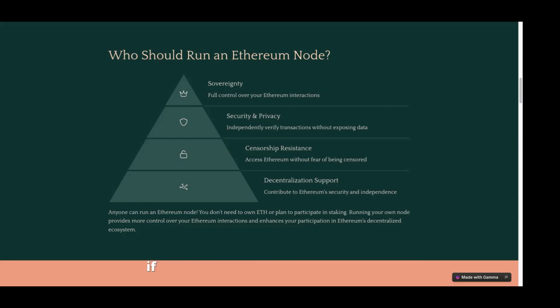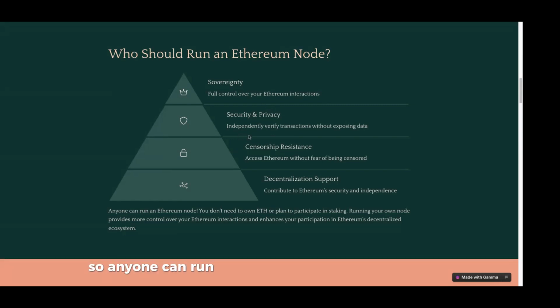For instance, if you're running your own node in Africa, it means there's a node running in Africa. So it's not like the whole network is centered in a particular geographical location, or in a particular continent. You have it spread out. So it's decentralized. That's the point.